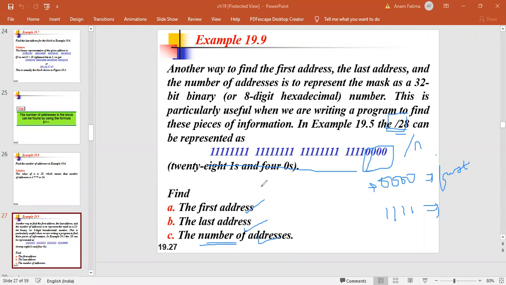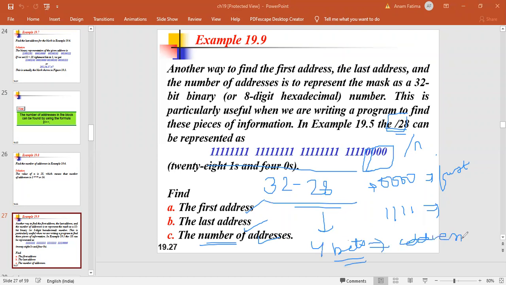Since slash 28 means 32 minus 28, which is equal to the last 4 bits, the rightmost 4 bits of your last octet are going to represent the addresses or hosts within this particular block. With 4 bits, you have to do 2 to the power 4, which is equal to 16.